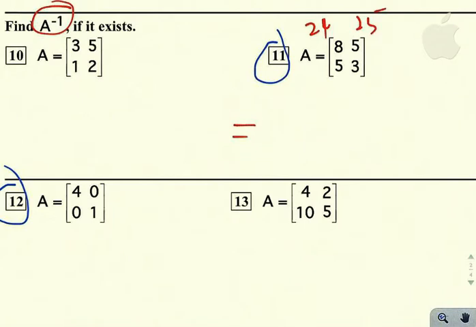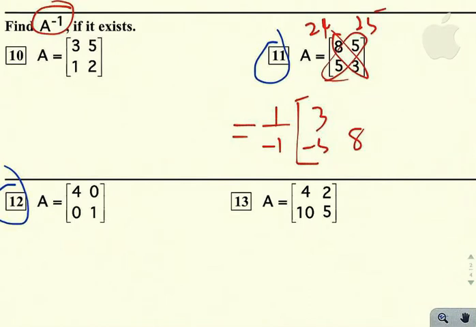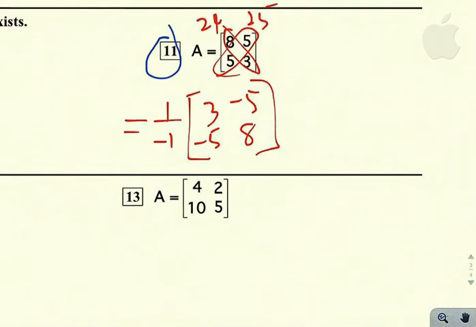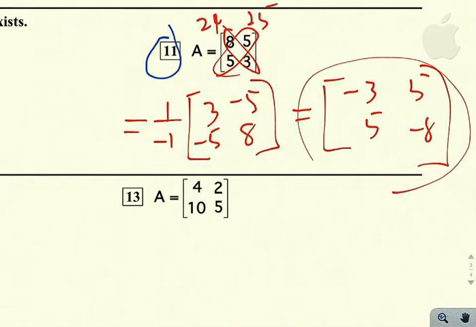It's minus 1, so 1 over the determinant times, now switch these numbers, negate these numbers, and then send 1 over negative 1 through. We'd have minus 3, 5, 5, negative 8. This is your inverse.